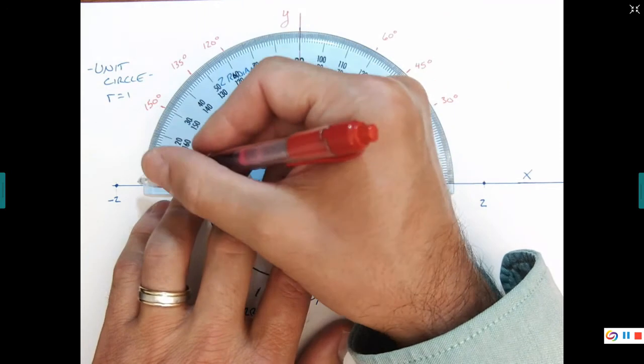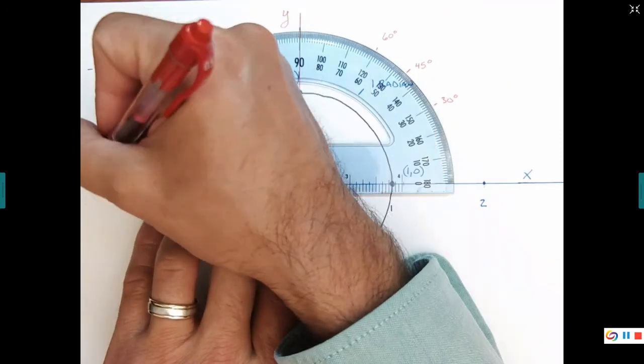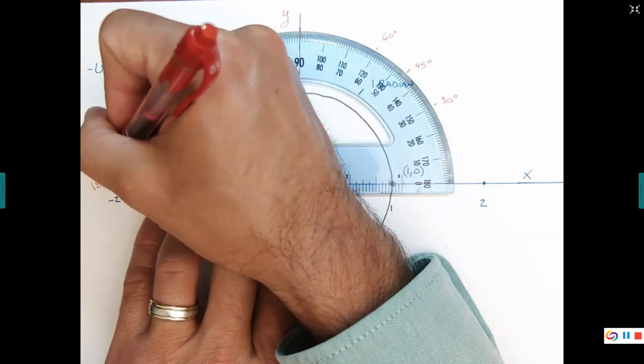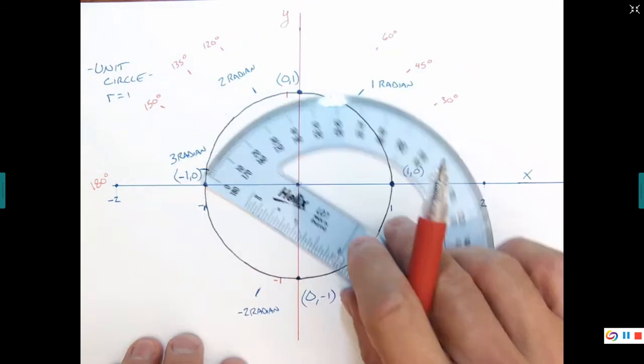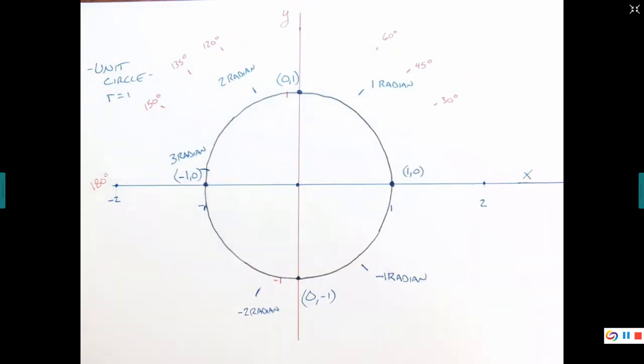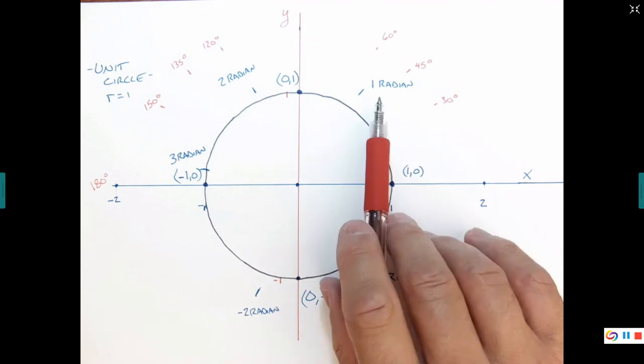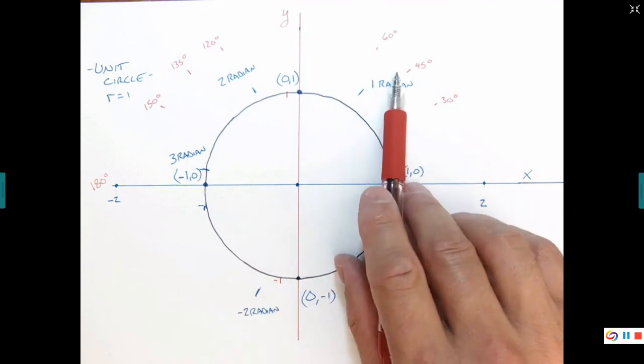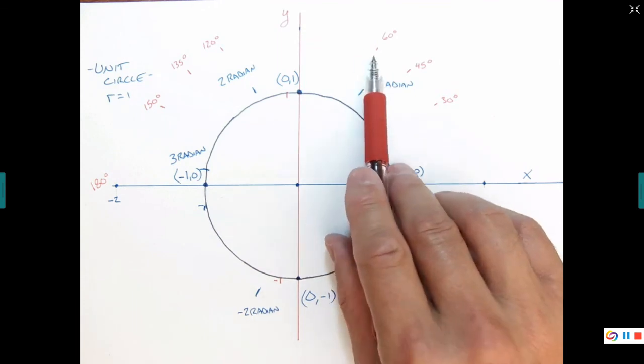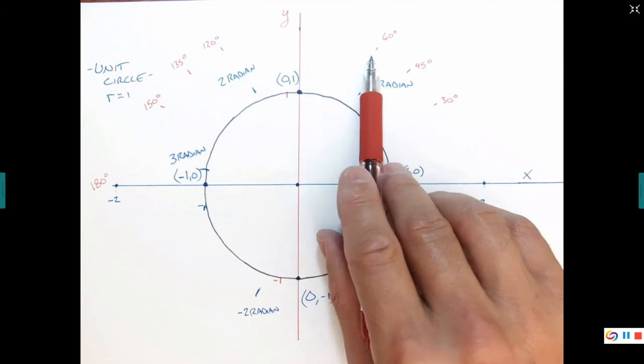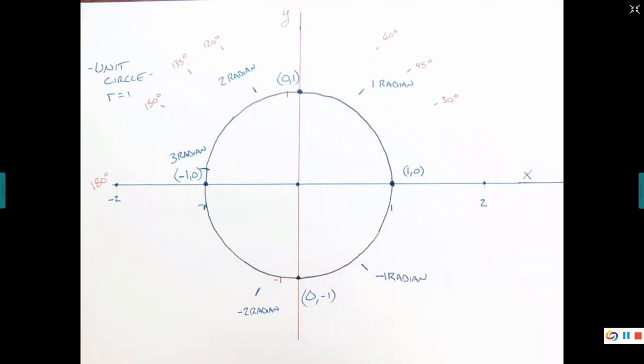And another 30 degrees takes me to 180 degrees, like so. And I could certainly map it out in this other direction, but I think this will work out fine. Well, what we'll know then, when we're looking at the measurements, 1 radian is between 45 and 60 degrees. We might want to know a little closer what it's equal to.